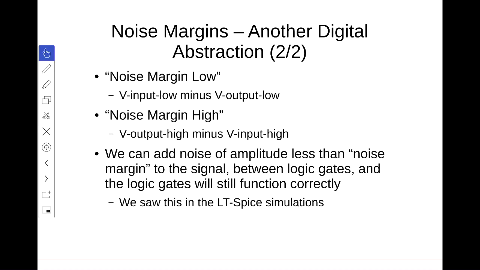The larger the noise margin, the more noise the system can tolerate and still function correctly. Any questions? If you are confused and too shy to ask, then just look this up in the textbook, online or whatever. It's not a difficult thing once you see what's happening.